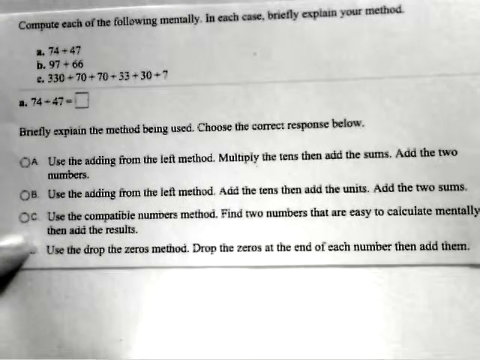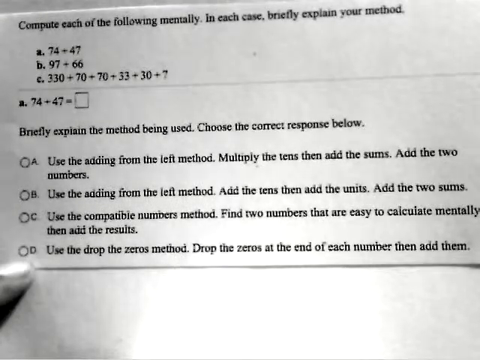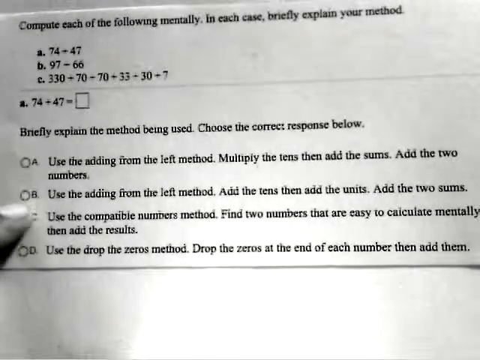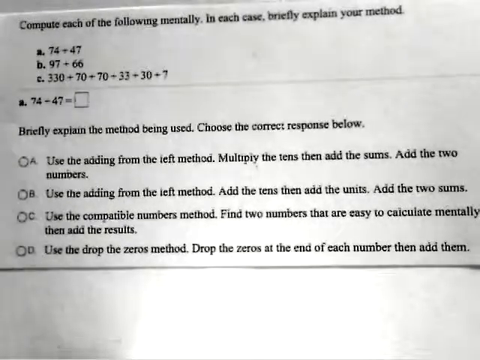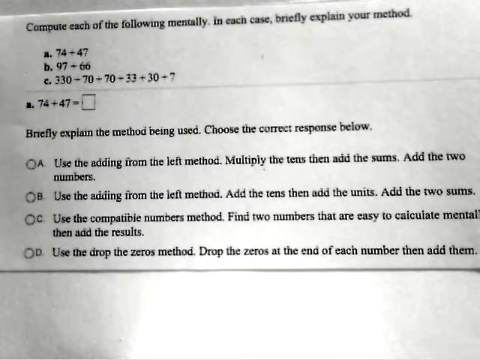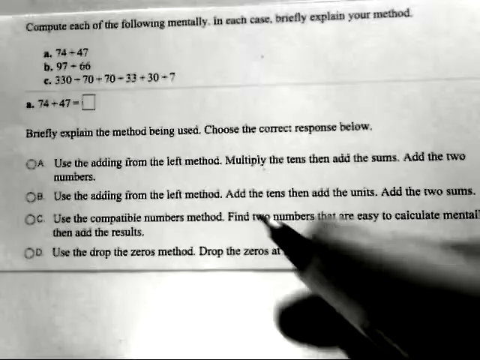Compatible numbers would not work, which is part C. Using the drop the zeros method would not work for this problem. But part B, you would use the adding from the left method. You'll add the tens, then add the units, and then add the two sums together. This would work.